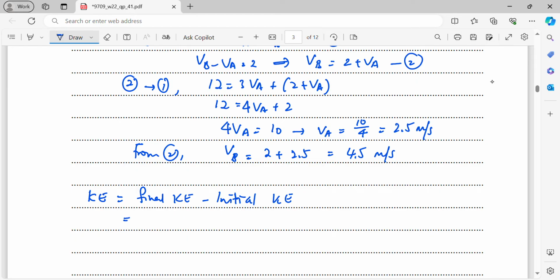This is the same as half mAvA squared, because kinetic energy is actually half mv squared, plus half mBvB squared, then minus the initial kinetic energy, half mAuA squared plus half mBuB squared.